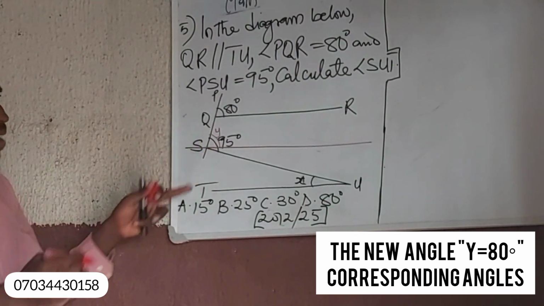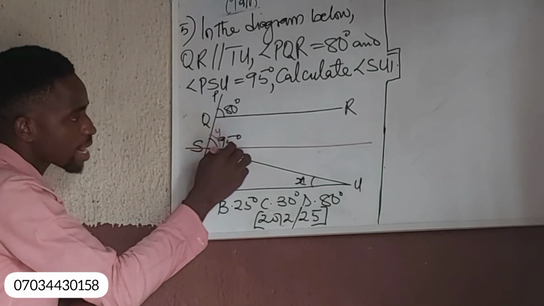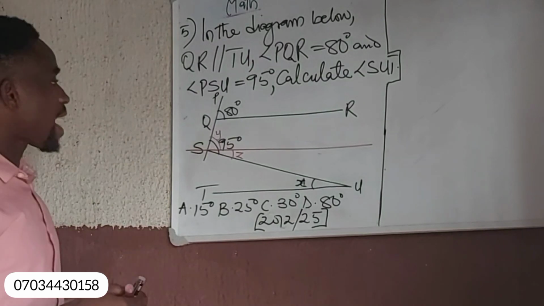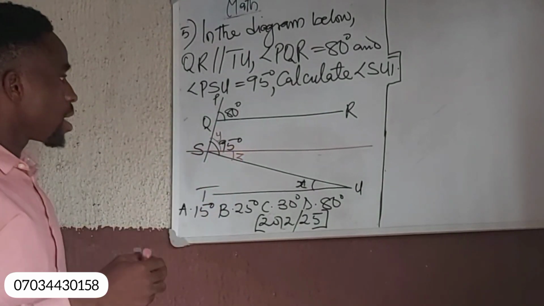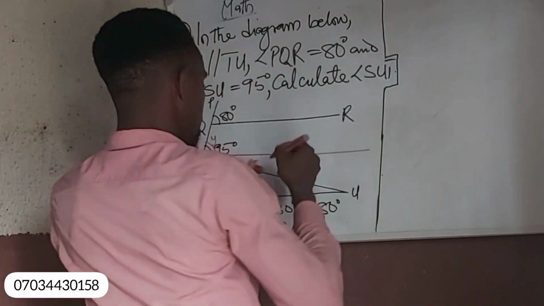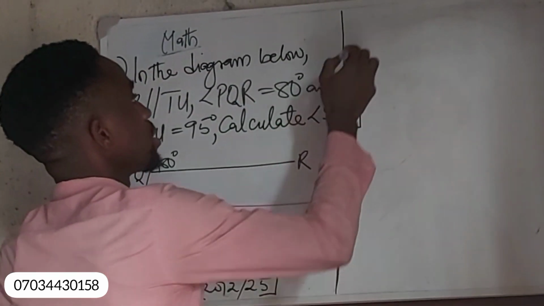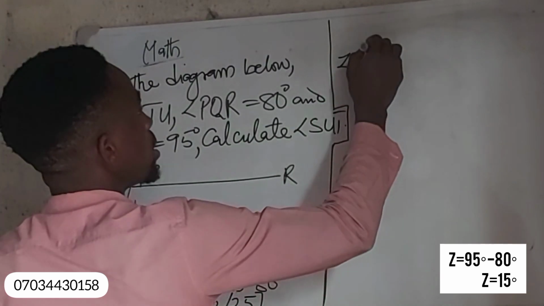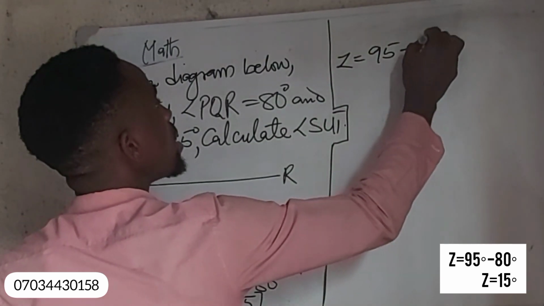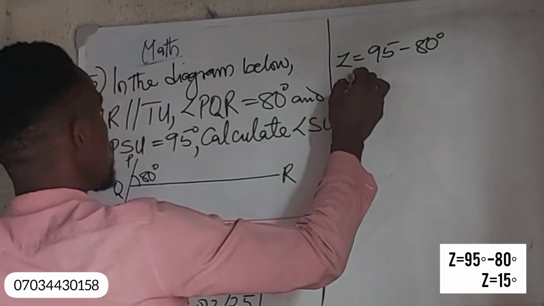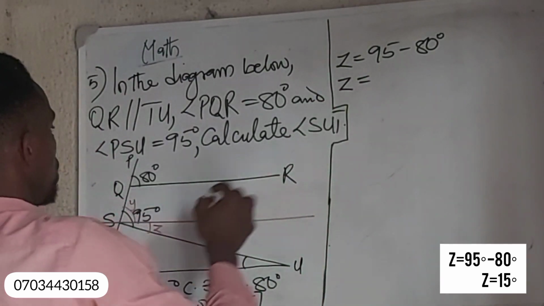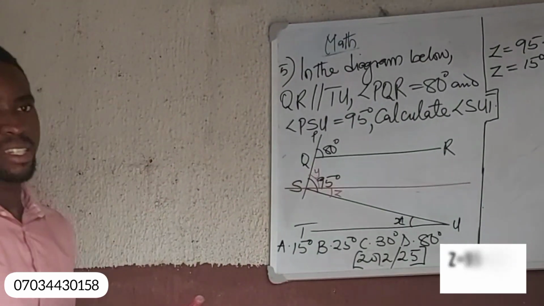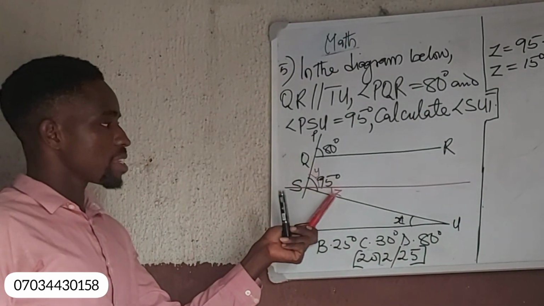Then I'll have to find the remaining one that is inside, which I can call angle C. So to find angle C, C is equal to 95 minus 80 degrees. So C is equal to 95 minus 80, which gives us 15 degrees, right? So Z is 15 degrees.